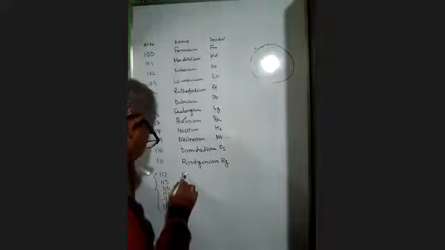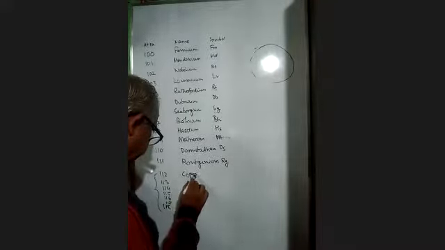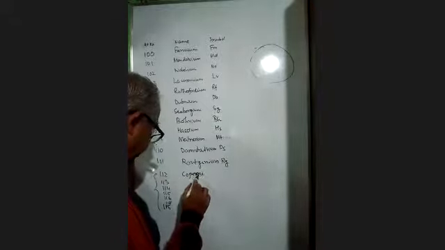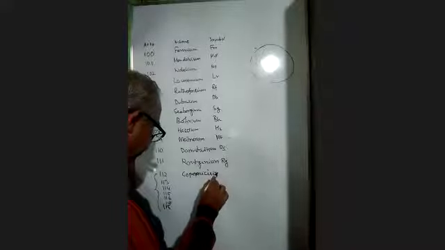Let me find the latest periodic table. The name I could find is called Copernicium. The symbol is Cn.